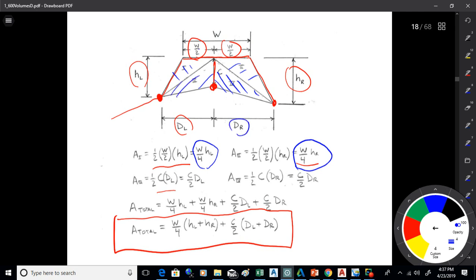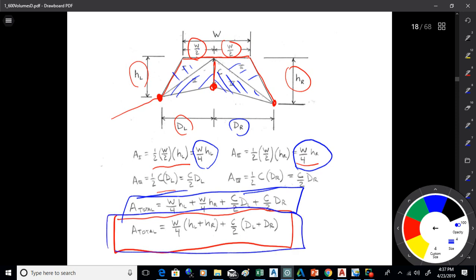So you'd go 1/2 center times distance left and add that to 1/2 center times distance right. I didn't quite say that properly in my first sentence there, but here's the formula. So 1/2 center times distance left plus 1/2 center times distance right. Then you have this formula here. You can simplify it a little bit and turn it into the formula on the bottom. That's on your formula sheet on the left-hand side as well.